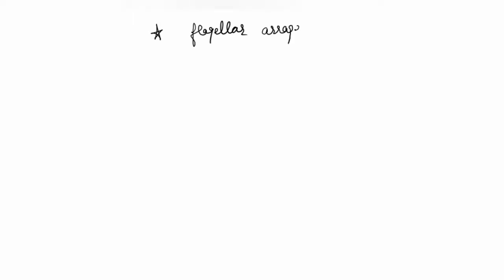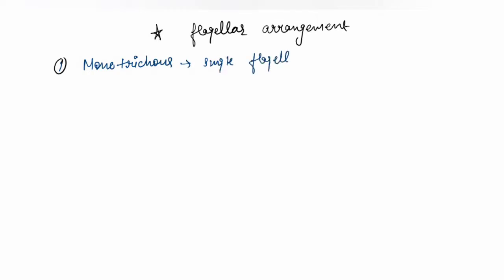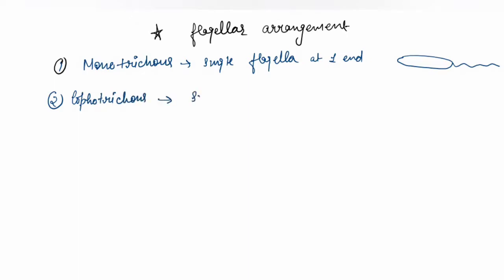On the basis of the presence of flagella on a cell, bacterial cells are divided into certain categories. First one is monotrichous. Mono means single. That means a bacterial cell having a single flagellum at one end. That is monotrichous, like this. Now the second is lophotrichous. Lopho means a bunch of flagella at a single end.